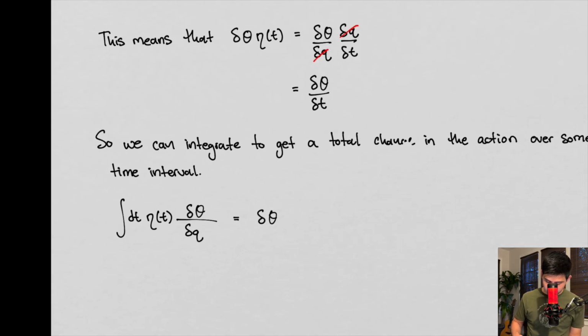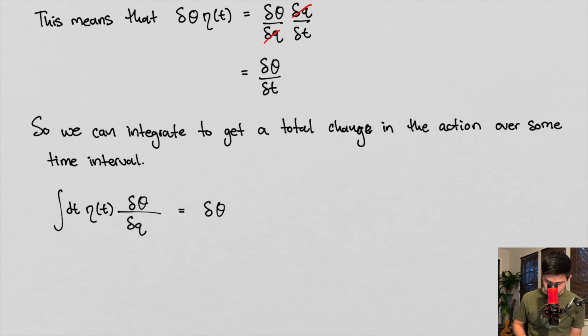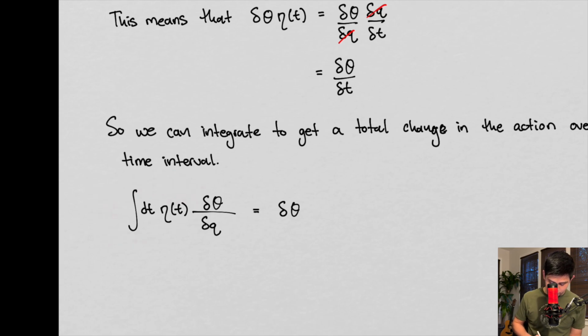So we can integrate to get a total change in the action over some time interval. The way we do this is we integrate over time. Here, I'll write it out. This guy here is dq dt, so those two are going to cancel.